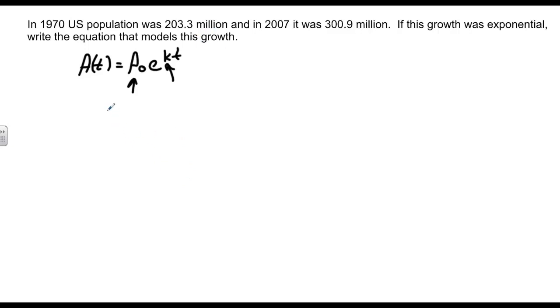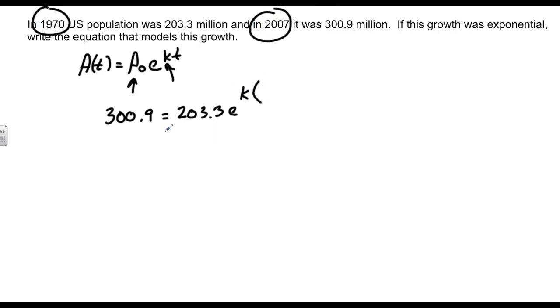So let's go ahead and do that. We know that our final amount is 300.9, and this is all in millions, so we'll just leave 300.9. Initial amount 203.3 e to the k. Now this happened over this many years, from 1970 to 2007.